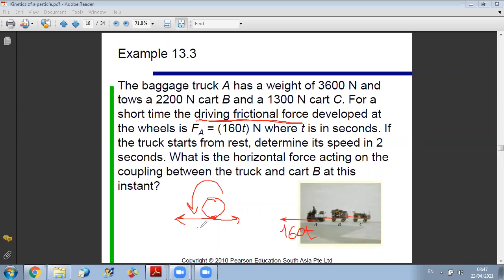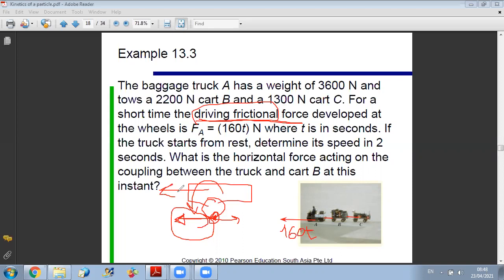As you can see, the friction can play a driving role in case of a car because of the wheel rotation. Due to wheel rotation, you will have interaction between the wheel and the surface, and then by action-reaction, the surface will do on the wheel a forward action that will be driving the car. Locally, at the wheel, it's opposing motion of this point, but at the level of the car, it's a driving friction. This is why we call it driving friction, because it helps in moving the car forward.